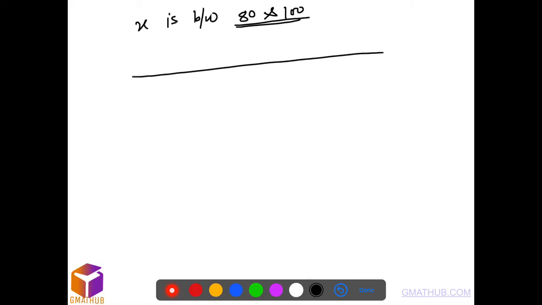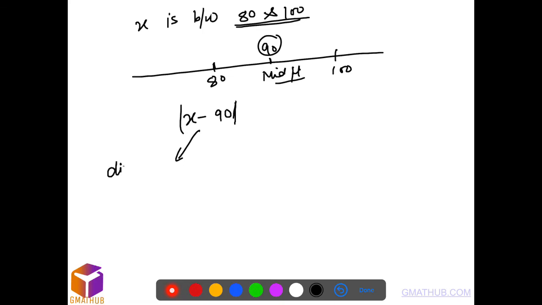And we can take one more simple case. Let's say x is between 80 and 100. So how do we write x in terms of mod? Now this is 80, this is 100. Get the midpoint. Midpoint is 90. So mod of x minus 90, distance of x from 90.